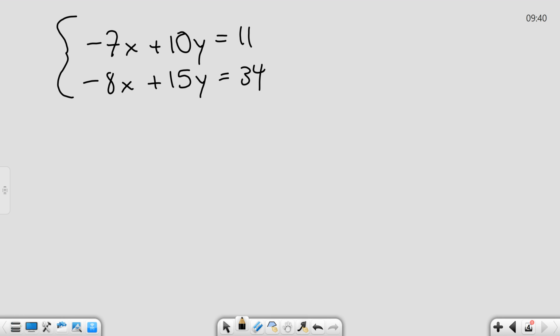Could you do it using substitution? Yes, but it would be ugly because you'd have to solve for one of those variables, and since they all have coefficients, you would have some ugly, ugly fractions.